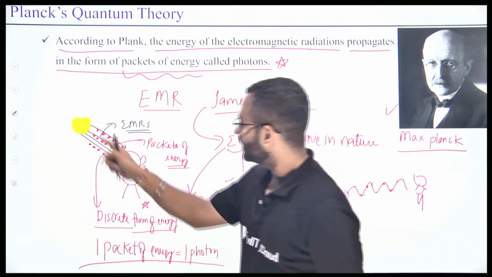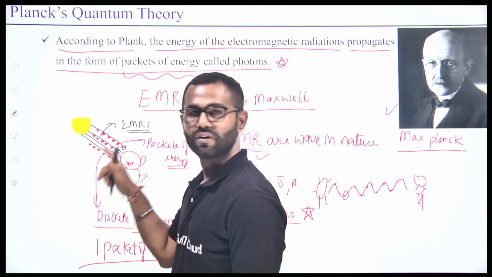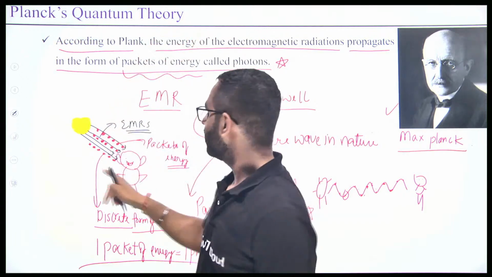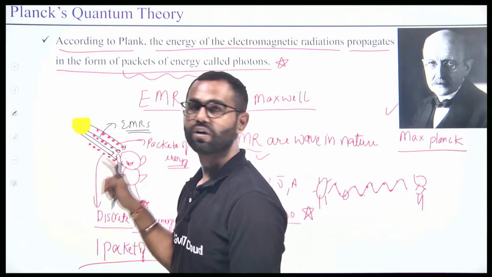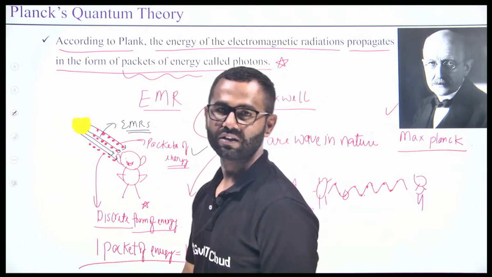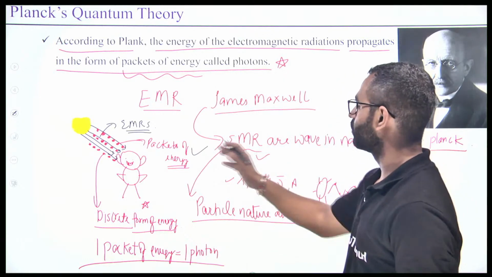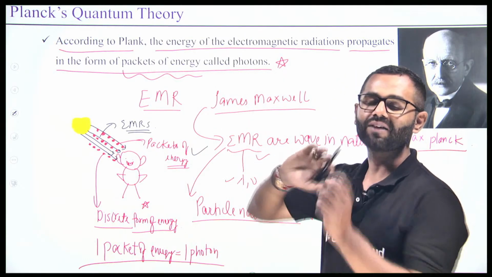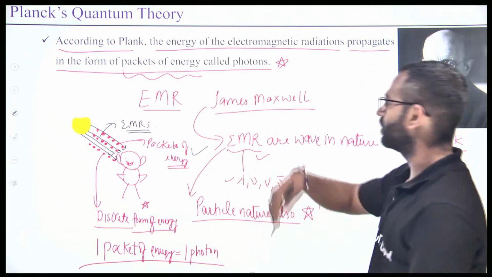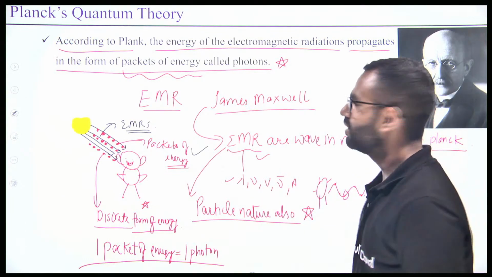When these radiations hit you, they carry the photons, like the hails. Here it's not the hail, it's the photon which contains the energy, right? Photons are just the packets of energy which are hitting you, and they are riding on the wave. The wave is moving like this, and they are riding on the wave.